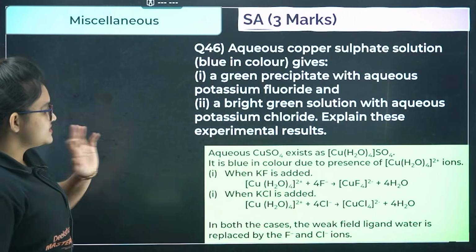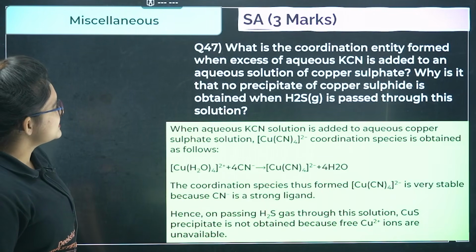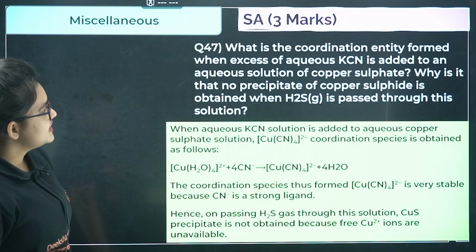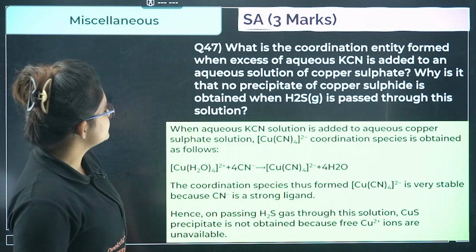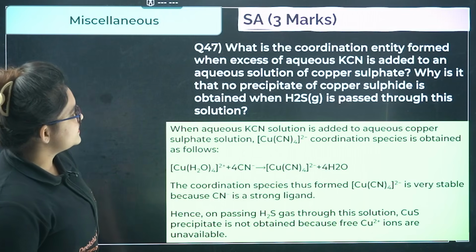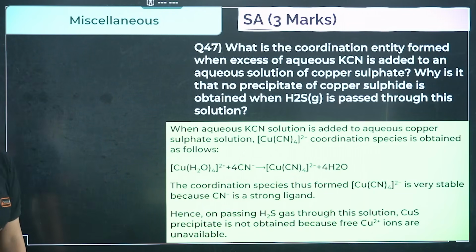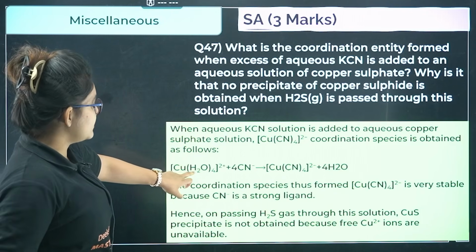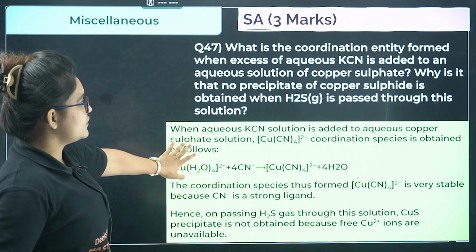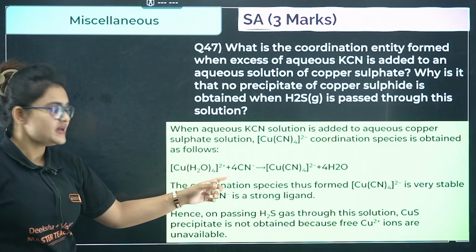Let's proceed. What is the coordination entity formed when excess aqueous KCN is added to an aqueous solution of copper sulfate? Why is it that no precipitate of copper sulfide is obtained when H2S gas is passed through it? Aqueous copper sulfate exists as [Cu(H2O)4]2+.